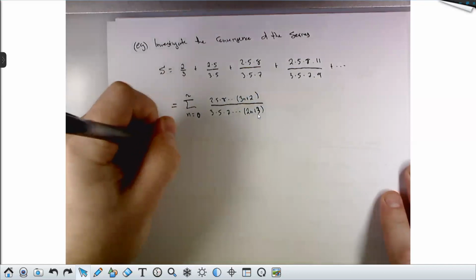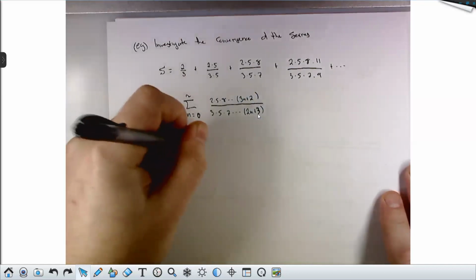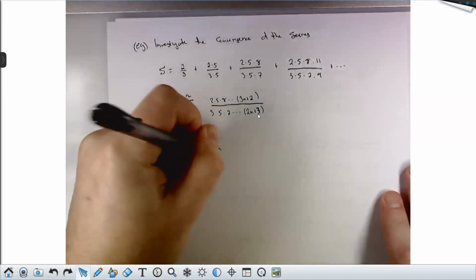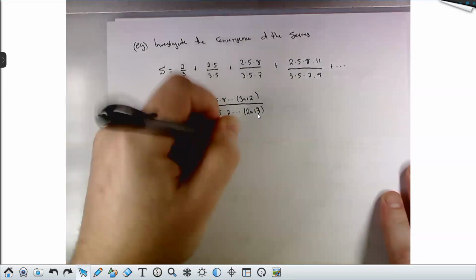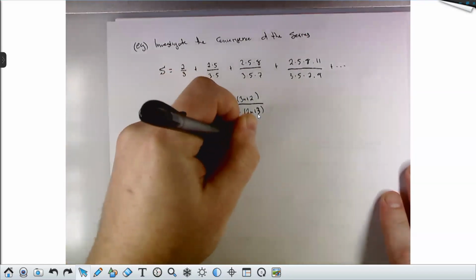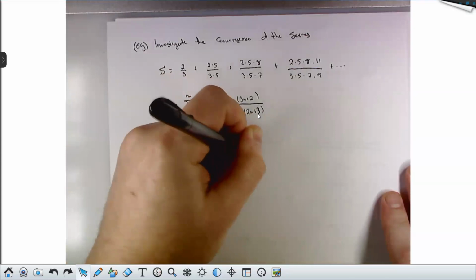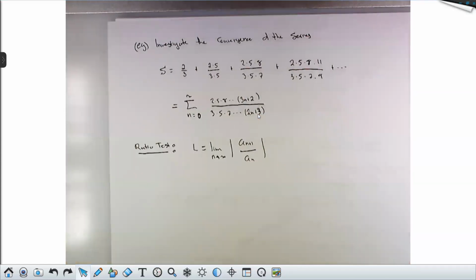So in order to use the ratio test, I need to calculate L as the limit as n goes to infinity of the absolute value of a sub n plus 1 over a sub n. Right, this is what the ratio test says. It says calculate this limit. If this limit is less than 1, the series converges absolutely. If this limit is greater than 1, the series diverges. And if this limit is equal to 1, then we don't learn anything.